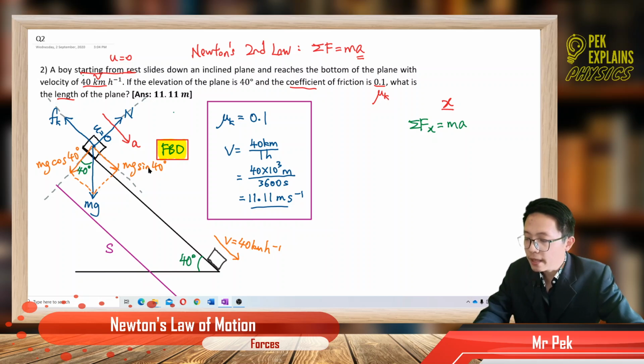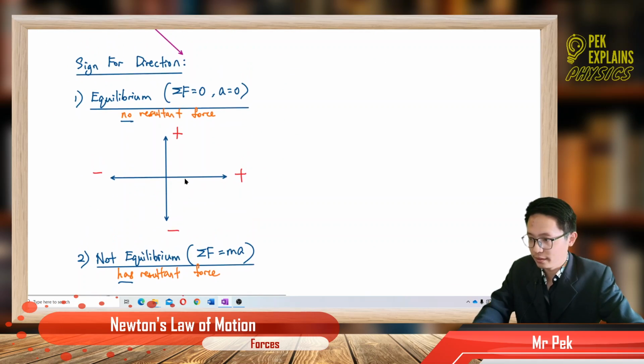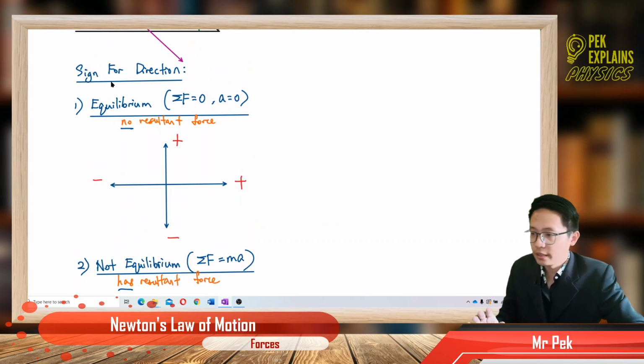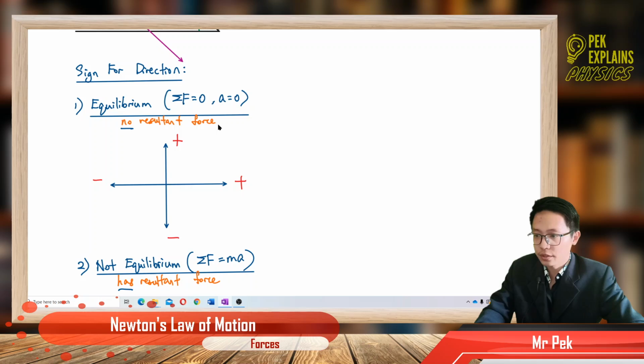Now, another thing is about the sign for direction. This is important, I want to explain. When the object is in equilibrium, it means no resultant force, total F equals 0, acceleration 0. We consider the direction as usual: going to the right, positive; to the left, negative; going up, positive; going down, negative.